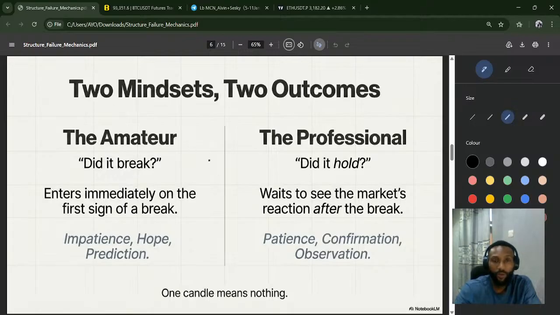One candle means nothing. Do you understand that? One candle means nothing. Let me pause there so you assimilate that.